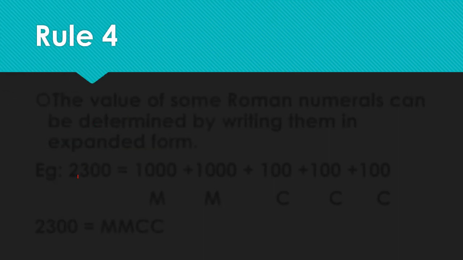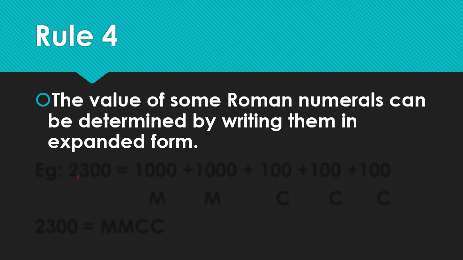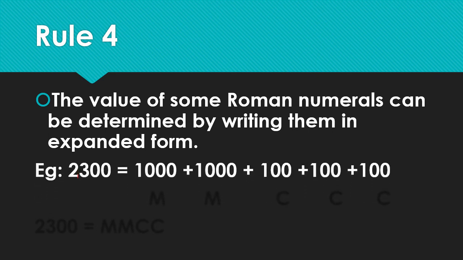Next, rule 4: The value of some Roman numerals can be determined by writing them in expanded form. Let's take an example. 2300. This can be expanded as 2000 plus 300. 2000 can be written as 1000 plus 1000, and 300 can be written as 100 plus 100 plus 100.